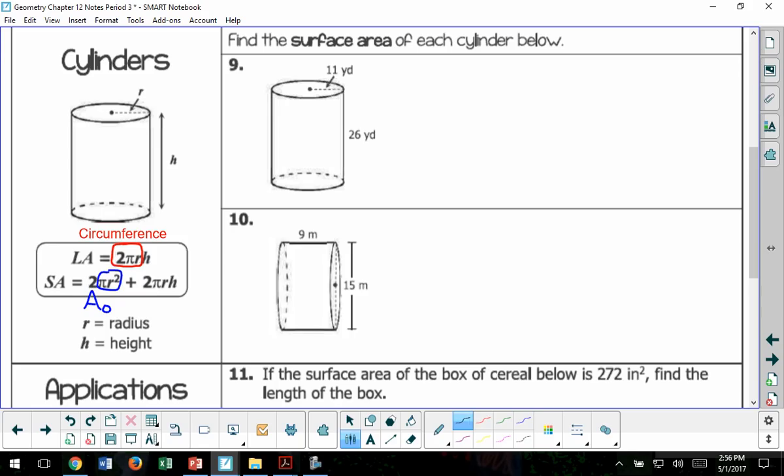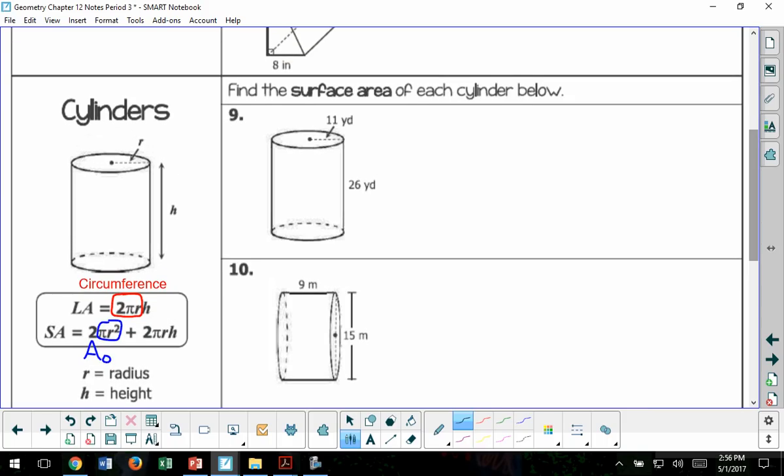So, lateral area. What's the circumference in a circle is the same as what? Perimeter in another figure. So, lateral area is equal to 2 pi r h. So 2 pi times 11 times 26.